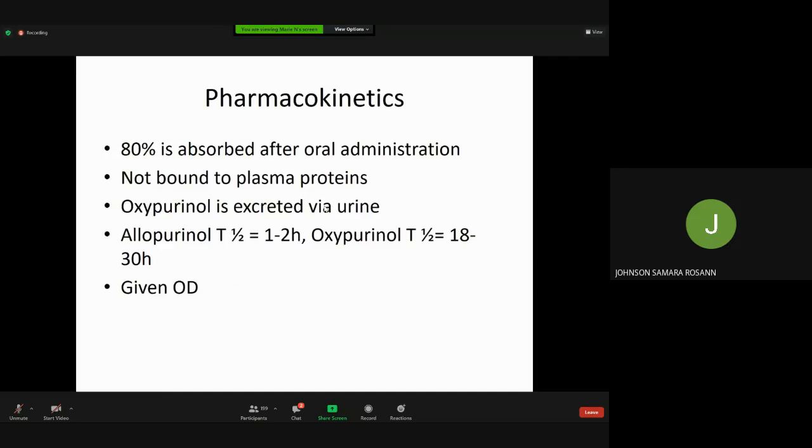So the half-life of oxypurinol will range from 18 to 30 hours, whereas allopurinol, the original molecule, half-life is only 1 to 2 hours. Allopurinol will usually be given OD. Start doses, you can start from as low as 100 and titrate upwards all the way to even 900 milligrams a day.